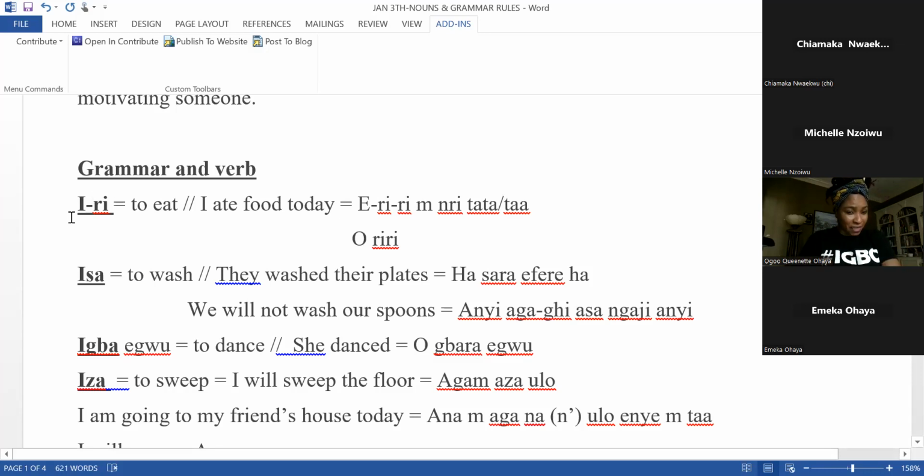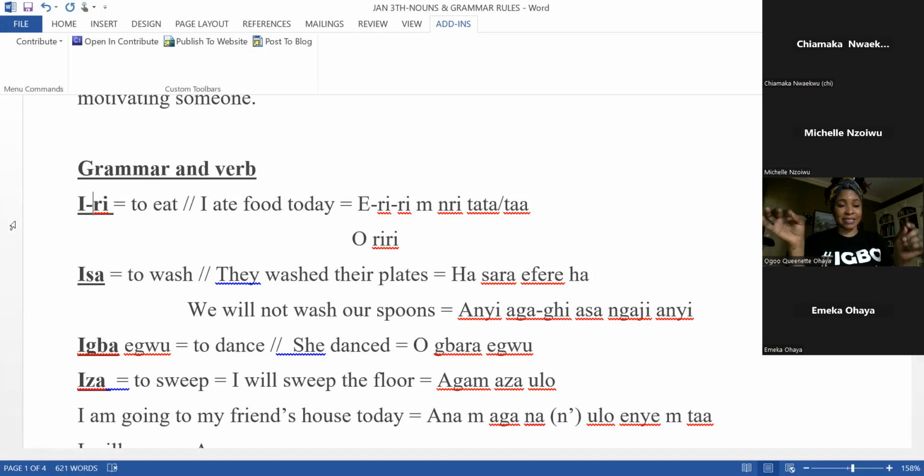But don't be confused here. When you're pointing at me and say, you ate food, now you're going to put a, because a is what? What is a, Chiamaka? When you look at me and you're pointing at me and say, you ate food, what is the pronoun you? E. There you go.